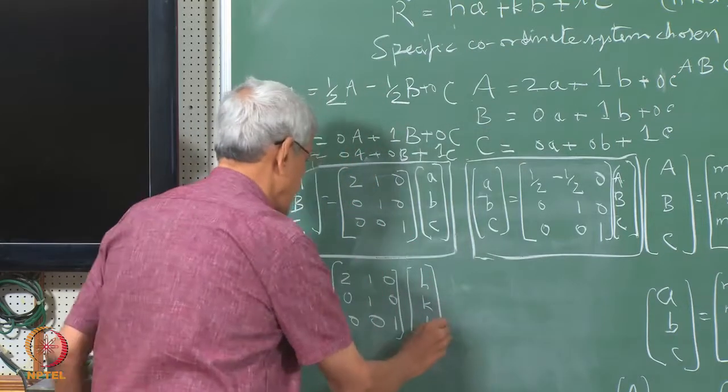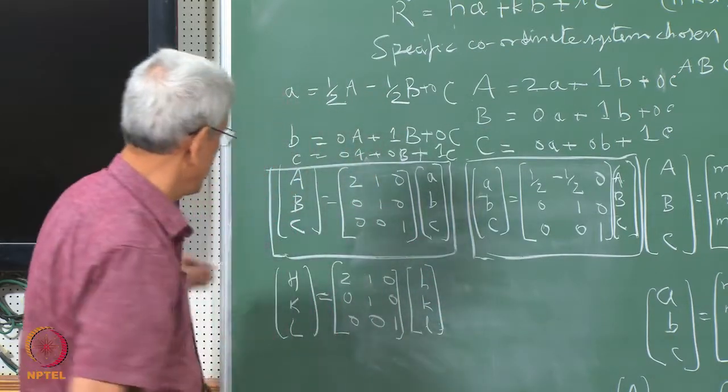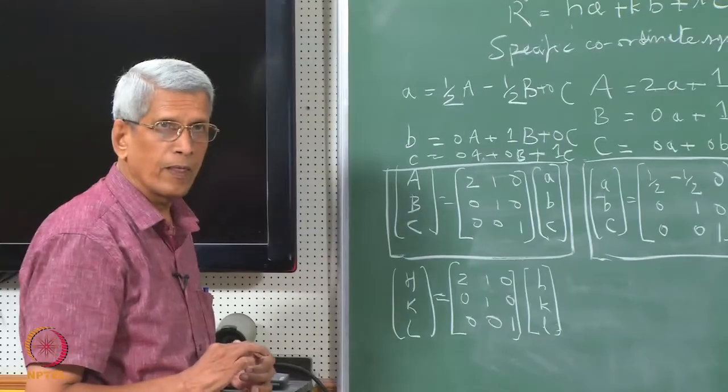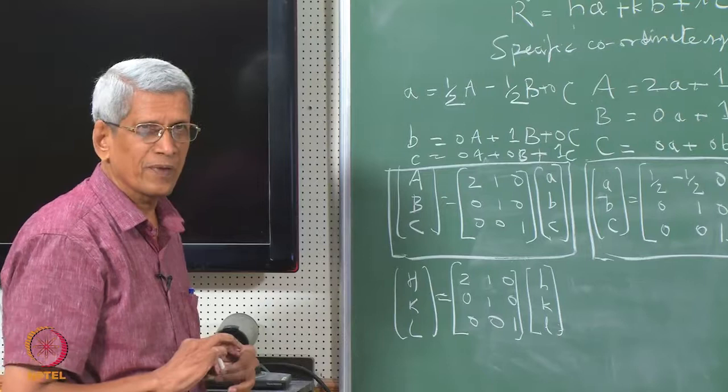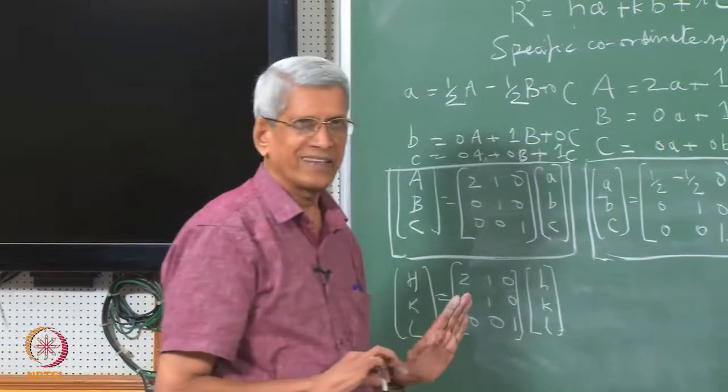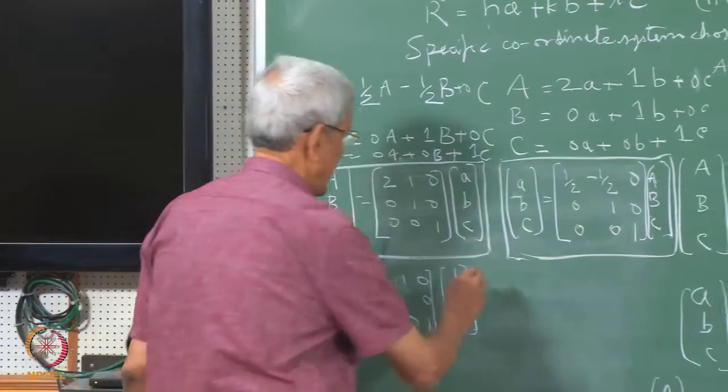Suppose we wanted to find out the 1 0 0 plane in this hexagonal lattice, then what will happen?